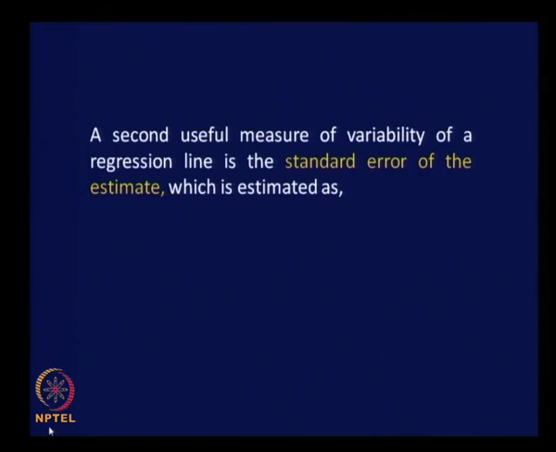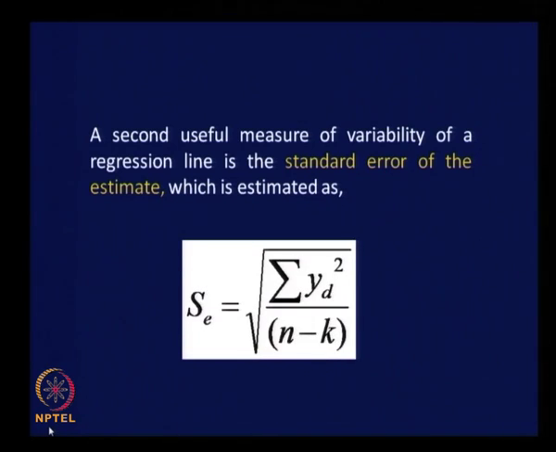And a second useful measure of variability of a regression line is the standard error of estimate, which is estimated as SE equal to sigma yd squared by n minus k. I am directly giving you the result, proof and other basic information.